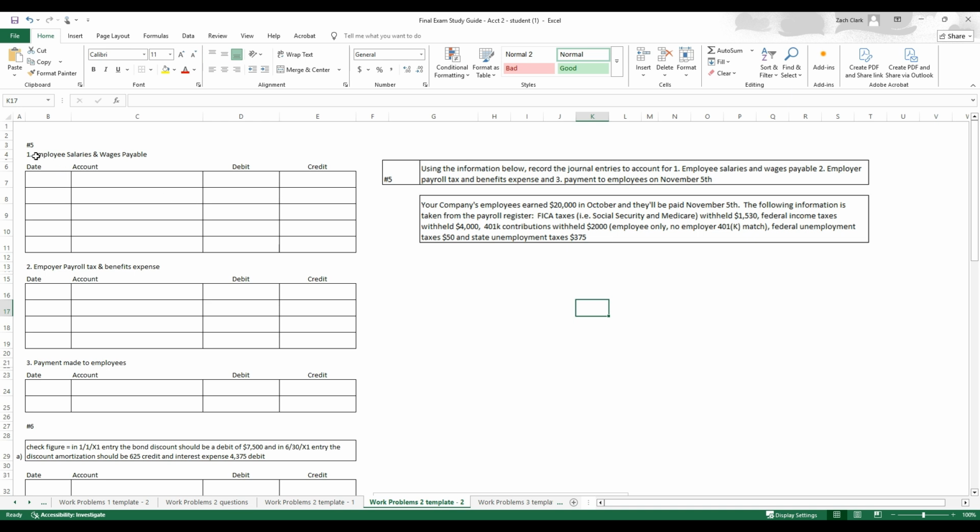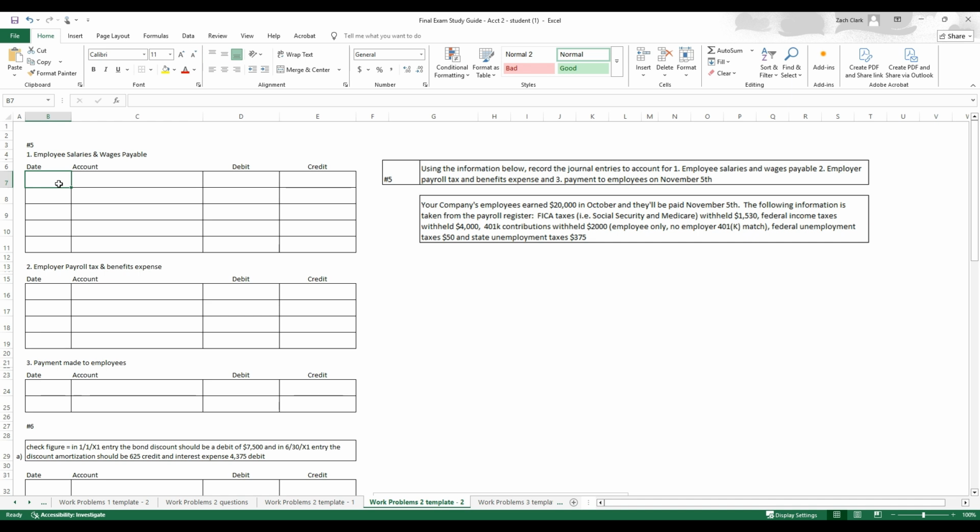We're going to record the employee salary journal entry, the payroll tax journal entry for the employer, and then one of the final parts of the entries, where we're actually making that payment to the employees after we've already recorded the payable and the salaries and everything.